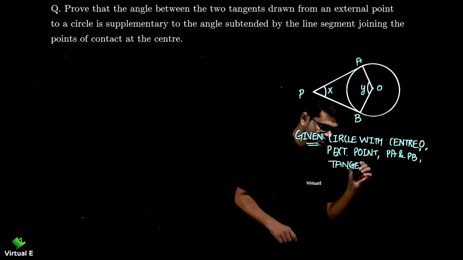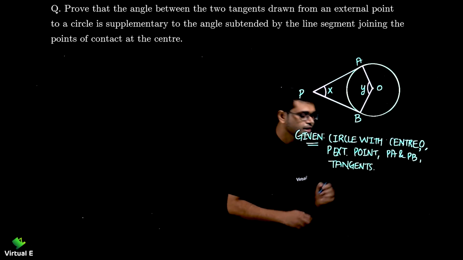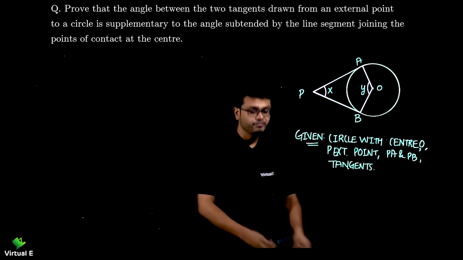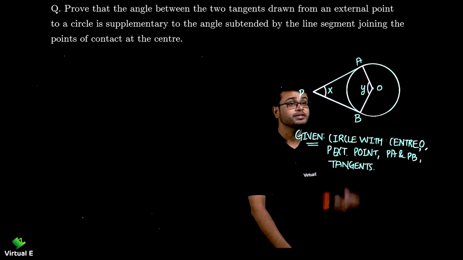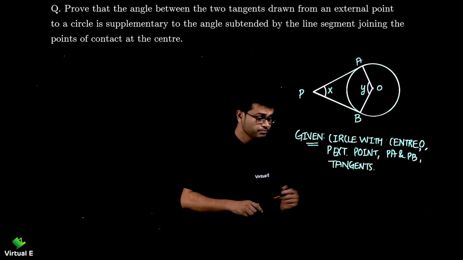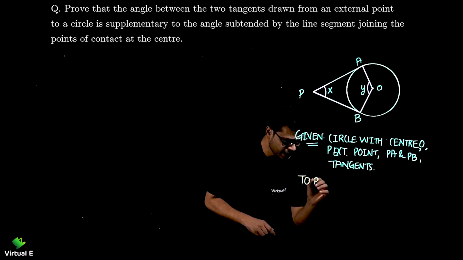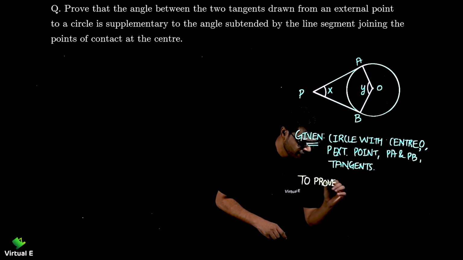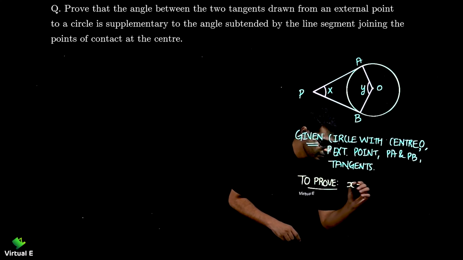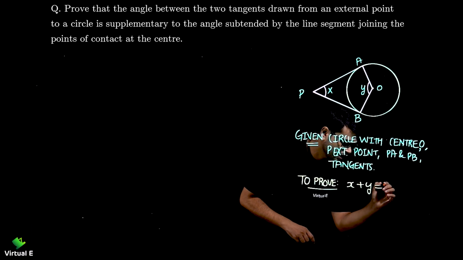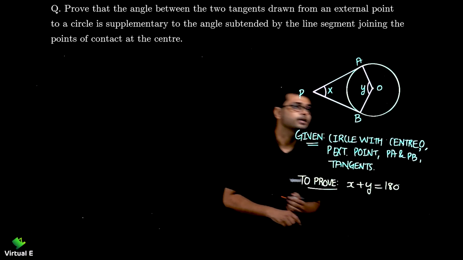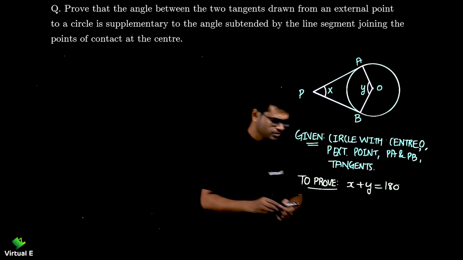These are the information given over here. And what we need to prove, very important, is that these two angles are supplementary, meaning if I add them, I should get x plus y is equal to 180 degrees. Simple. Let's start the proof.